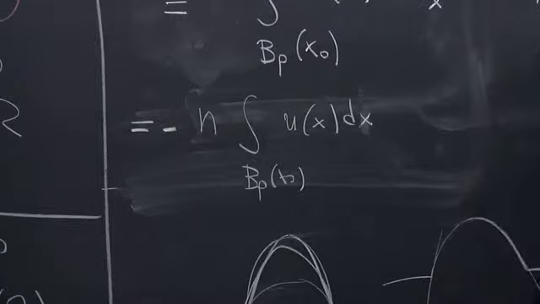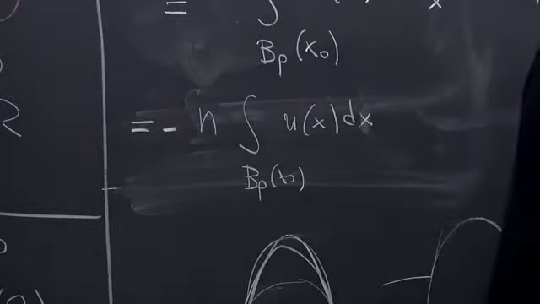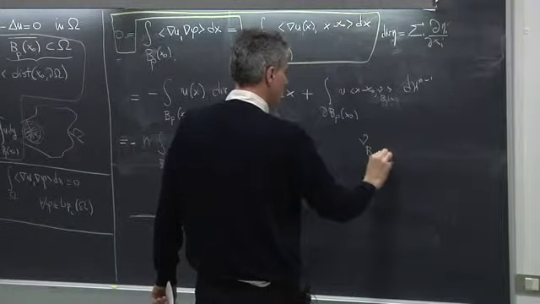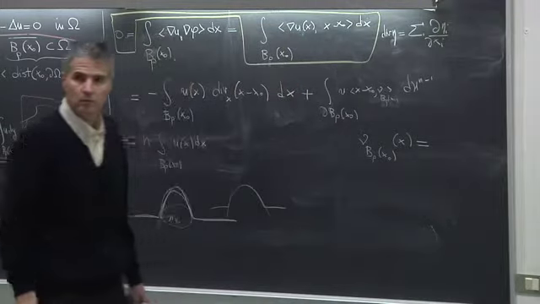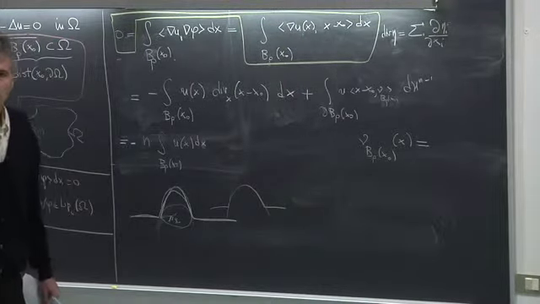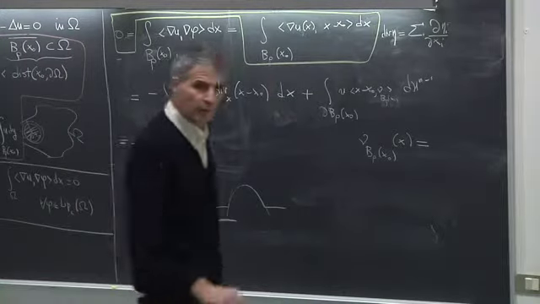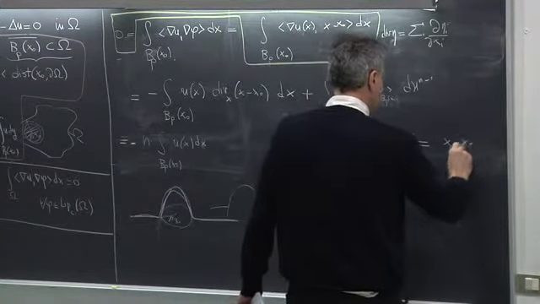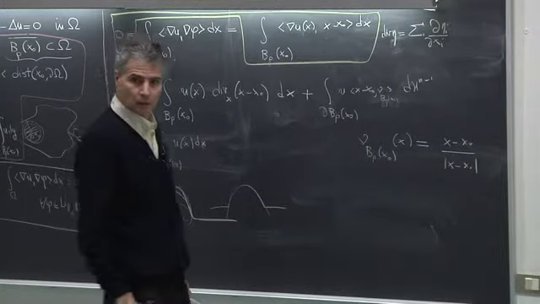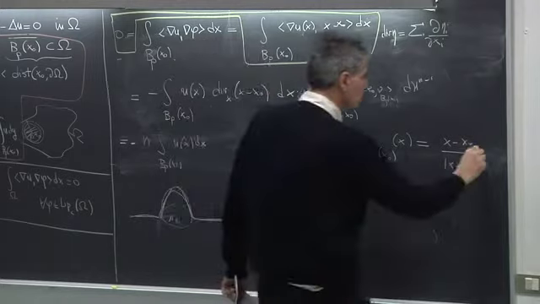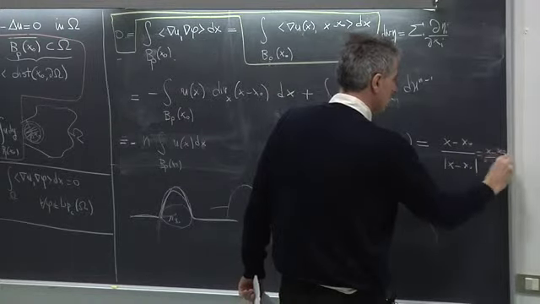Now, the outward unit normal to the ball, do you know what this is? This is x minus x naught divided by rho.